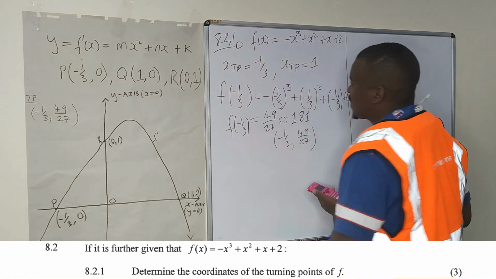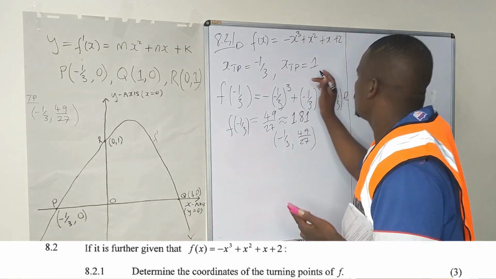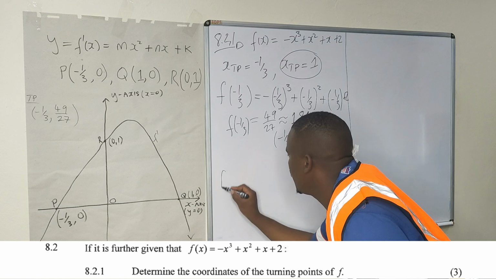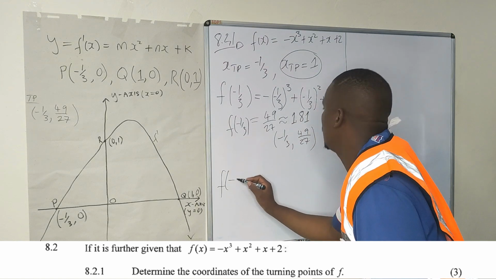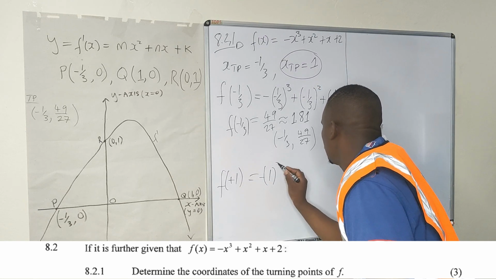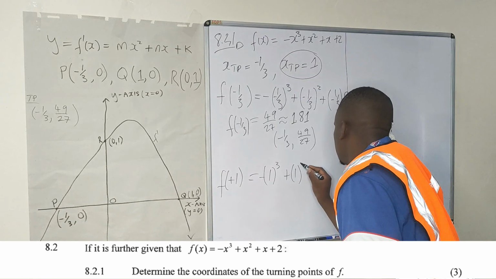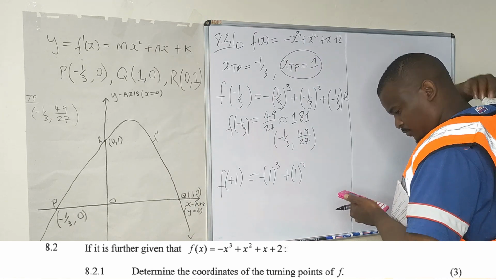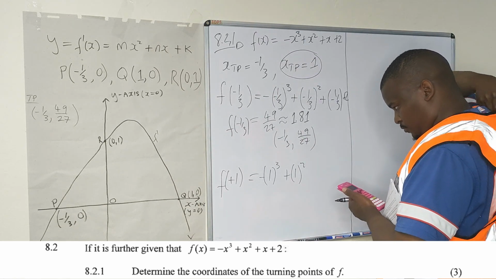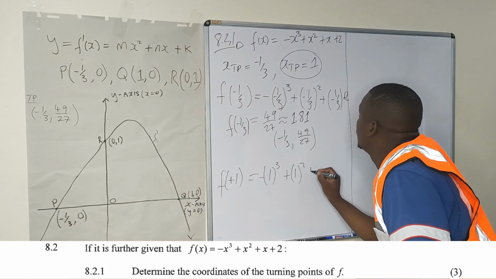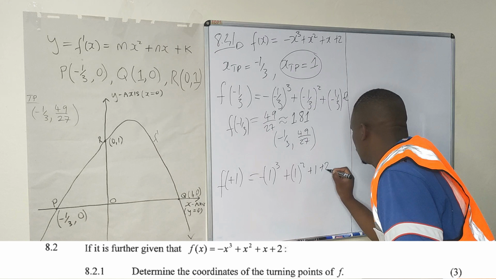Then you need to find the second coordinates, which means you have your second x coordinate, find it there. So f at +1 is equal to -1 cubed plus 1 squared plus 1 plus 2.